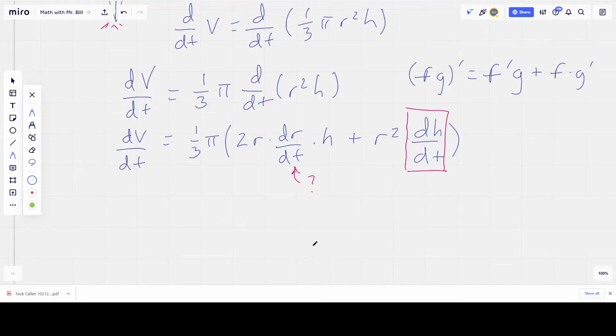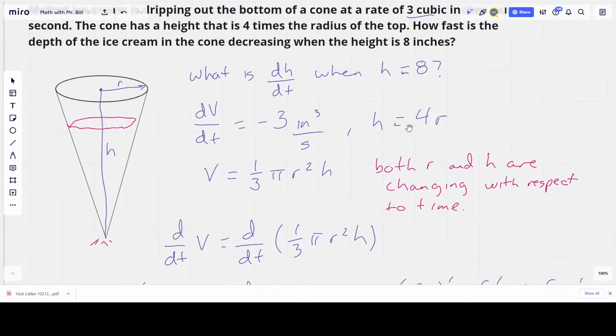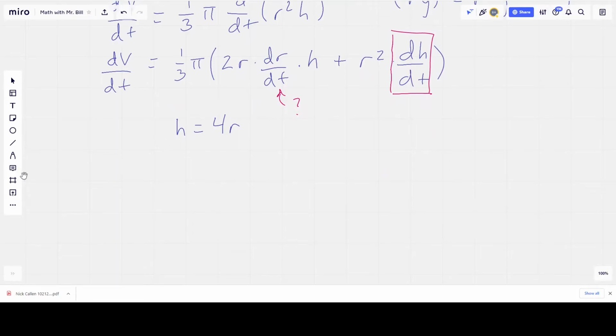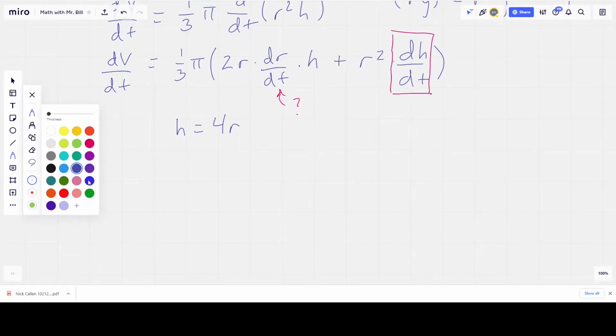So what is this? Looking back up at our equations here, we have another equation that we haven't used yet. We have that the height is equal to 4 times the radius. Go back up here and look, right? The height is equal to 4 times the radius. Well, that's something that we can take the derivative of.